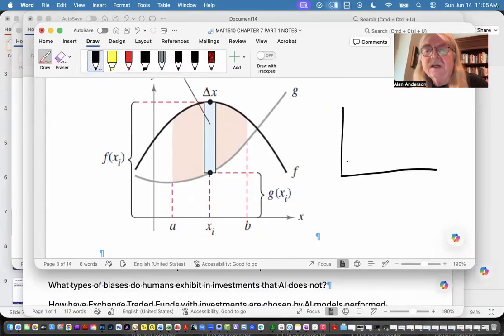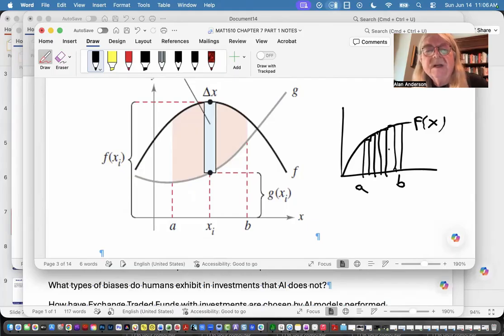Let's say this is f of x, and we're interested in this area here. What are we really doing here? We're creating a series of rectangles. And in the limit, the areas of these rectangles will equal the area under this curve.